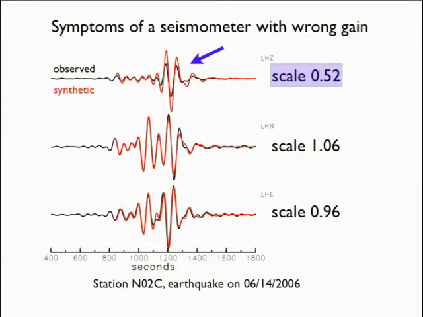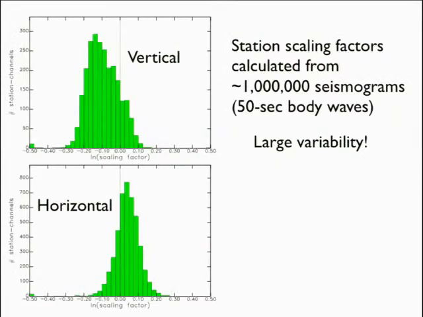So how good is the TA in terms of amplitude calibration? As many of you know, we typically look at phase for most tomographic problems because phase is very robust, whereas amplitudes are affected by a lot of things that we don't know about, including station calibration.